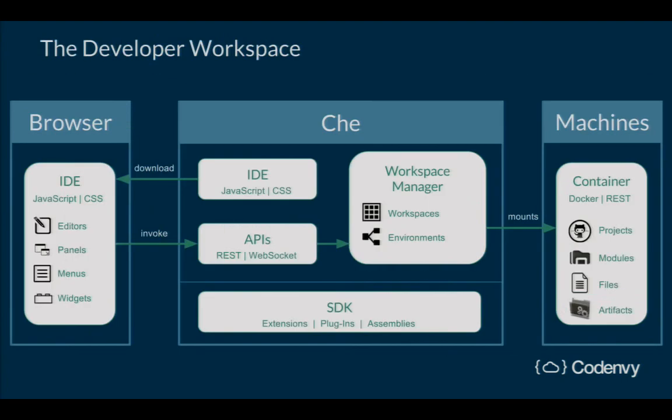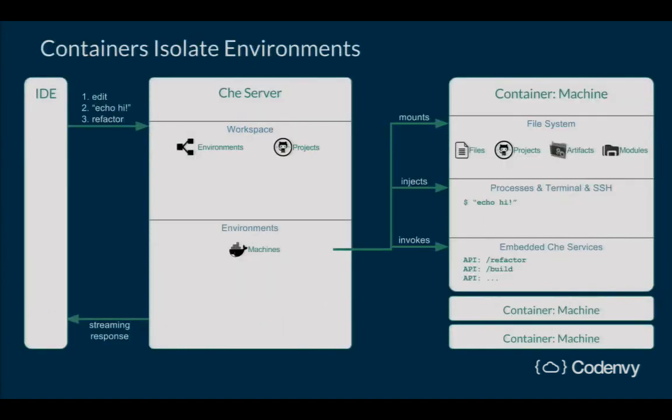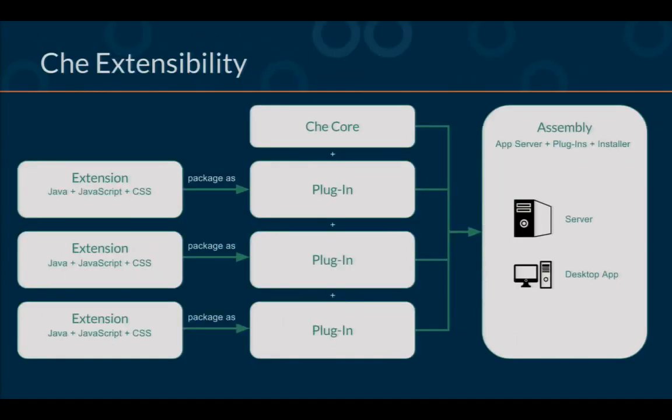Also, on top of that, Che ships with an SDK. There's an extension framework. When you write an extension for Che, you can write it in Java and JavaScript and CSS. It gets packaged as a plugin. That plugin can include a bunch of other stuff like code templates and environment definitions and whatnot.